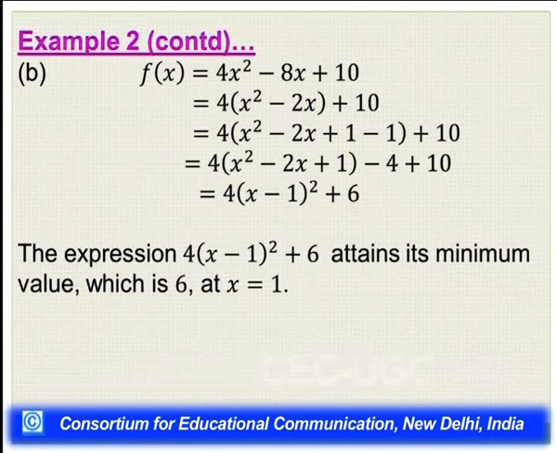The square of 1 is 1, so that then gives me 4 times (x square minus 2x plus 1), and then once I multiply this minus 1 by 4, I get a minus 4 here outside the brackets plus 10. So this function is then written as 4 times (x minus 1) the whole square plus 6, which is to say that the function achieves its minimum, which is 6, at x equal to 1.